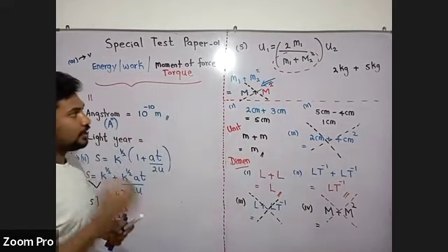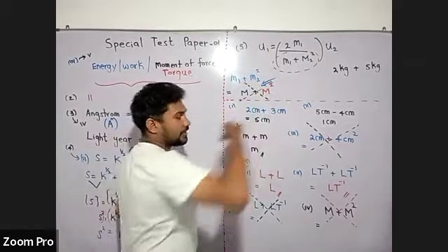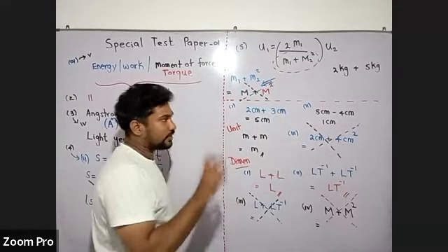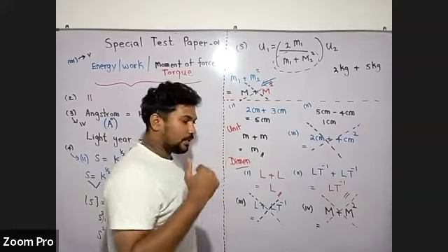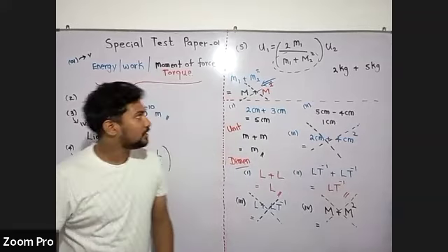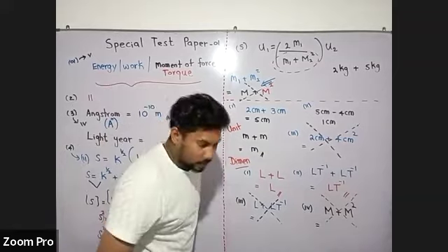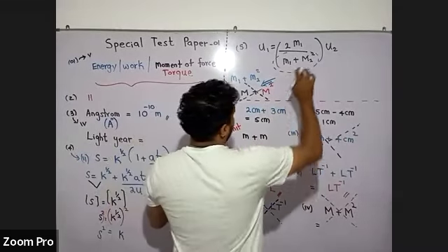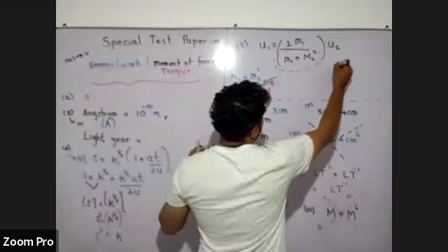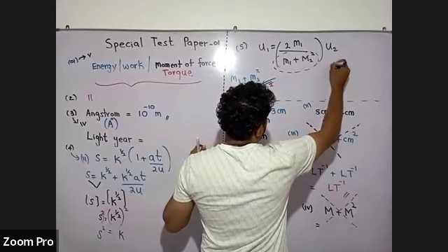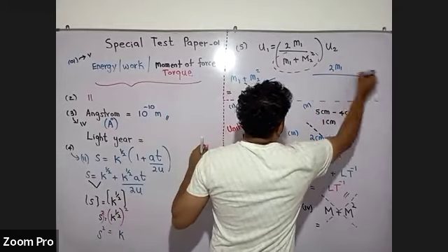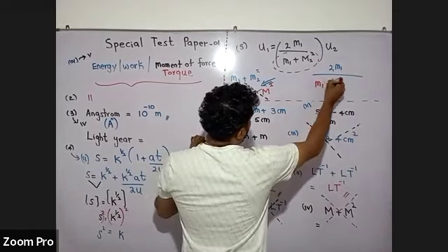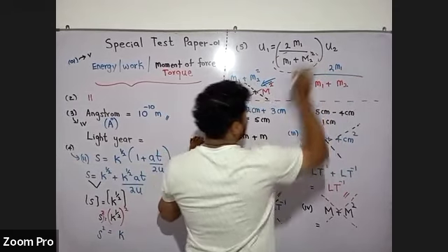In order to make this equation correct, when we substitute the relevant dimensions, they should be in the same pattern, right? So to make this equation a correct one, it should be m1 plus m2, not the square, right?